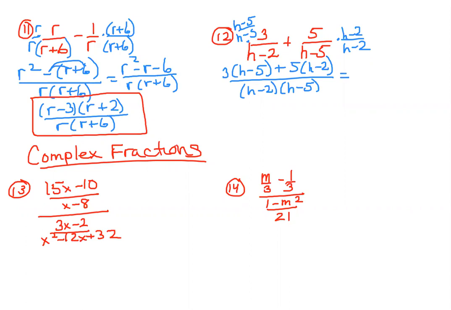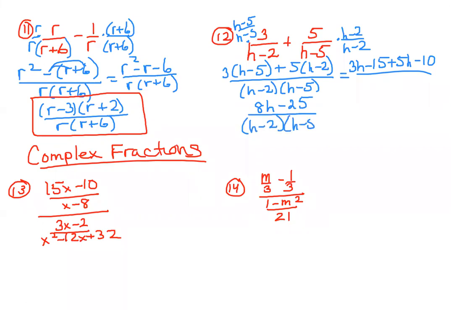Distributing the 3 and 5, we get 3h minus 15 plus 5h minus 10 in the numerator, and then we got our denominator. So let's combine like terms. We get 8h minus 25. Is that right? Yep. Over h minus 2 times h minus 5.